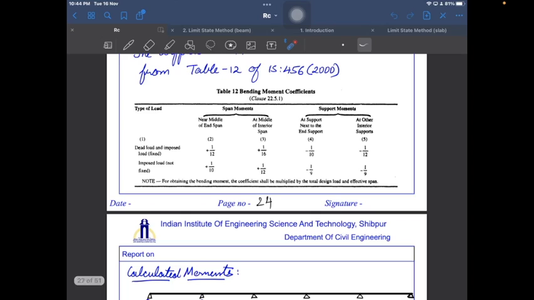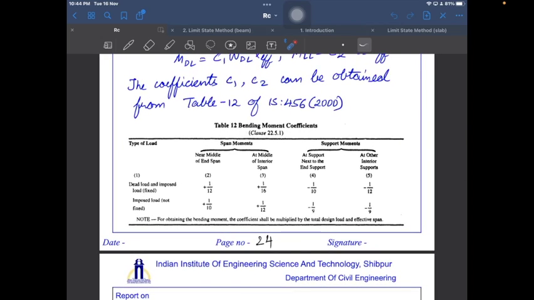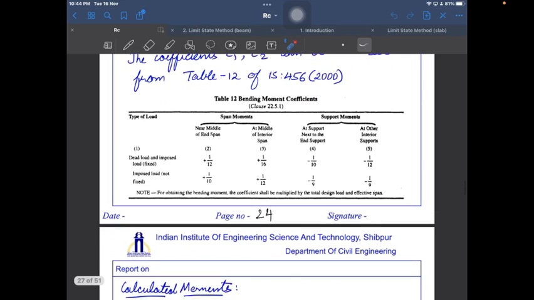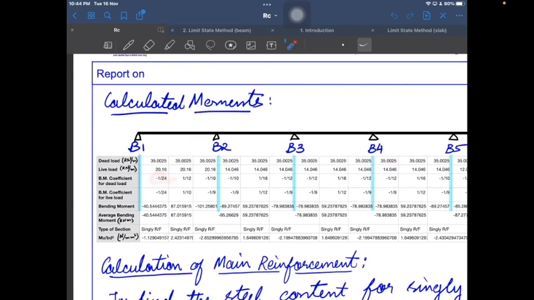The thing is, C1 and C2 can be obtained from table 12 of IS 456 2000. I hope you can see all these coefficients. I just wrote the coefficients here.